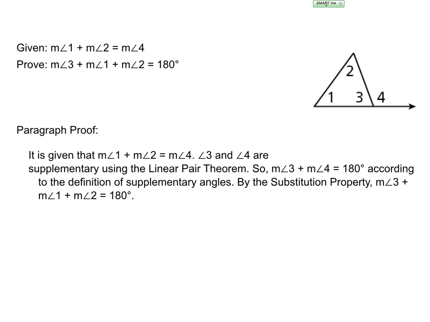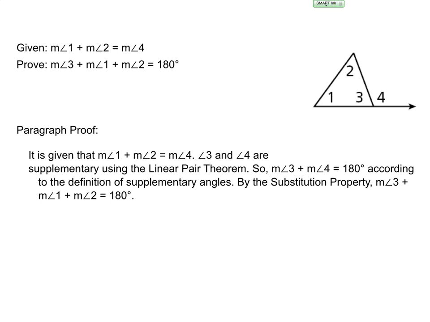So I'm going to a new space here. My next one says angle 3 and angle 4 are supplementary. Linear pair theorem. So those are two separate ideas. Third line: definition of supplementary angles. If two add up to 180, they're called supplements, or if they're called supplements, they add up to 180.